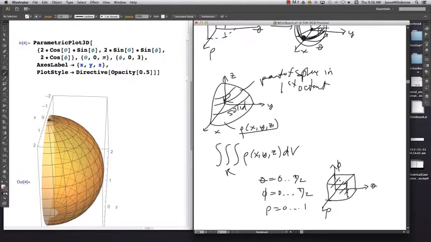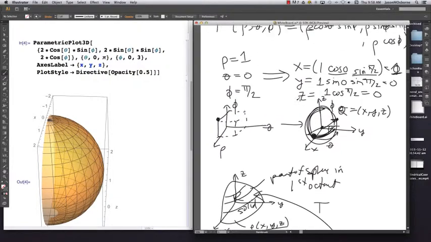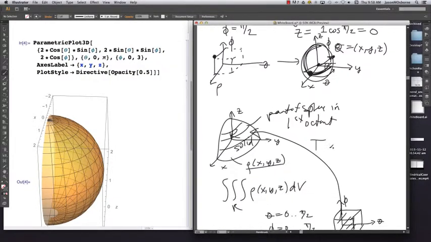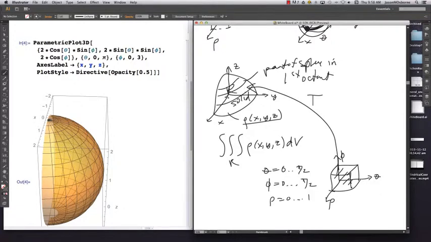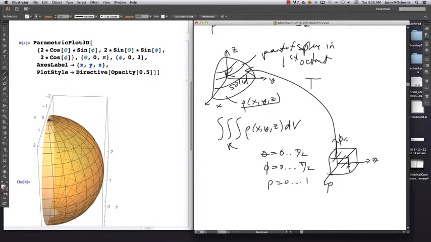That cube would transform under the spherical coordinates transform up here to this part of the solid. And then we would be doing a triple integral over rho, theta, and phi, but we would need a compensation term. And we will deal with these kinds of integrals over the next couple days.